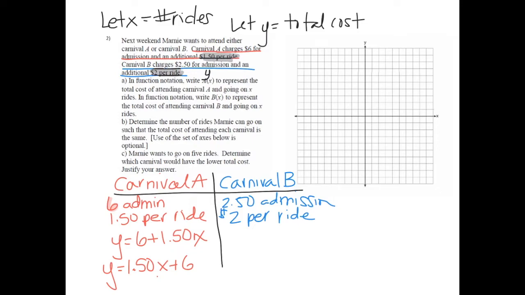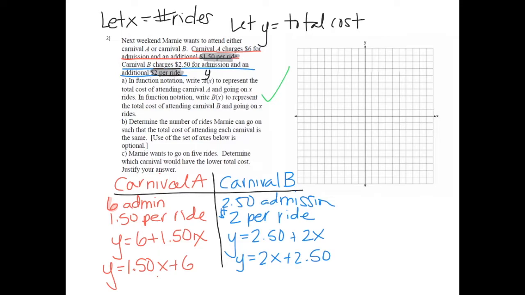So that means Y is going to be equal to our admission fee plus an additional $2 per ride, X. You can also write it like 2X plus $2.50. All right, so that is the first part. We just had to write functions to represent the total cost.